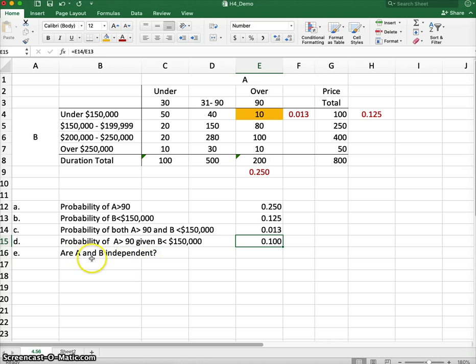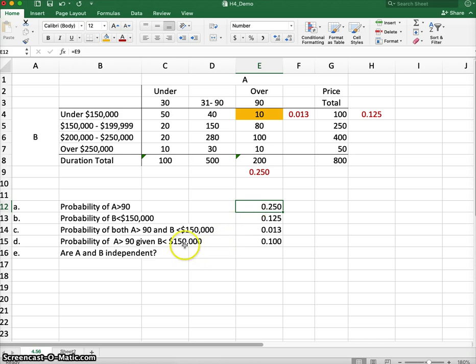Then it says, are A and B independent? So is the listing period and the sales price, are they independent of each other? Well, all I have to do is look at what's the overall probability that it's going to take greater than 90 days to sell a house, and it's 25%.